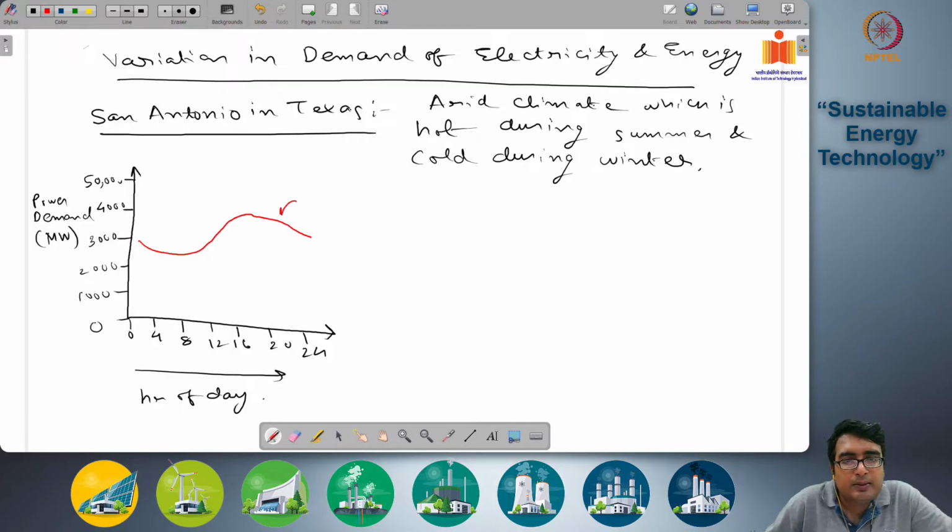So this is summer weekday, and we can also plot the energy demand on a summer weekend.